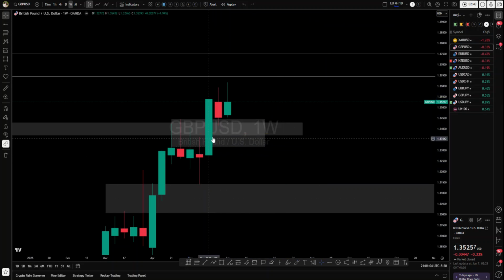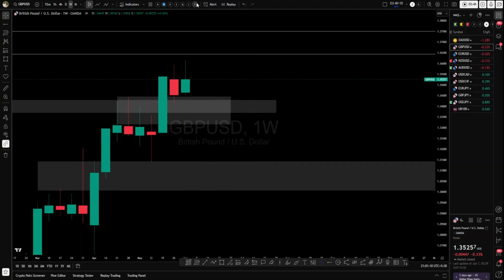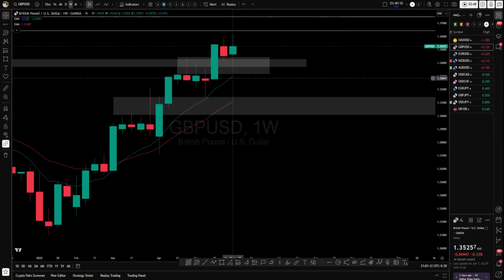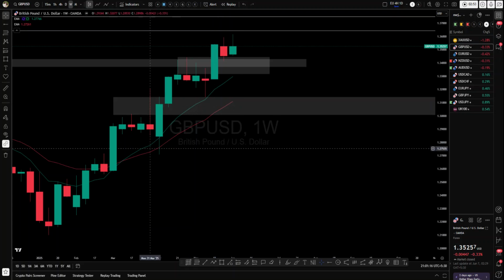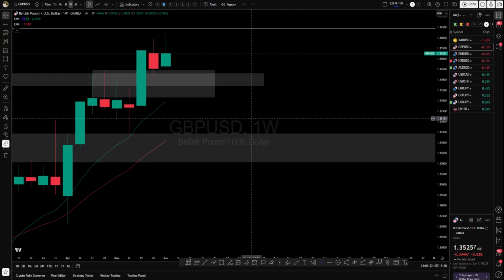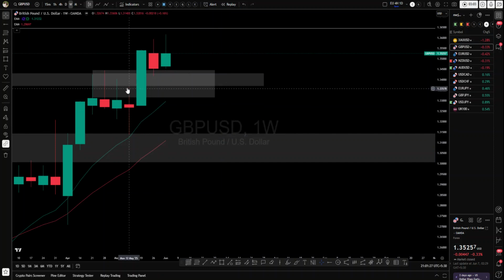Another thing I can spot is a fair value gap at around this price, which can work as a magnet. If we drop on our EMAs, even though the price is strongly bullish, the 10 and 20 EMAs are actually diverging from each other. But we can still expect a correction towards the downside into this fair value gap.